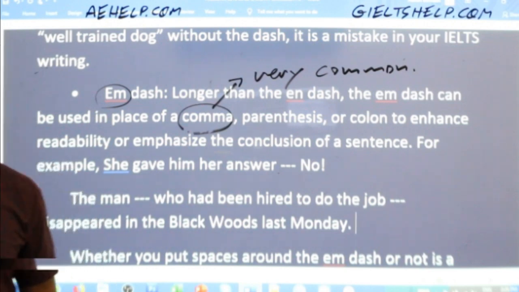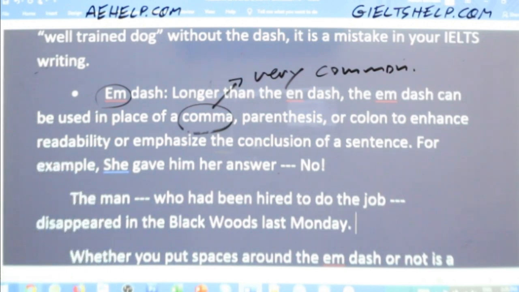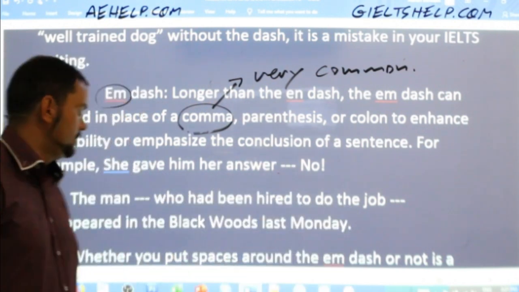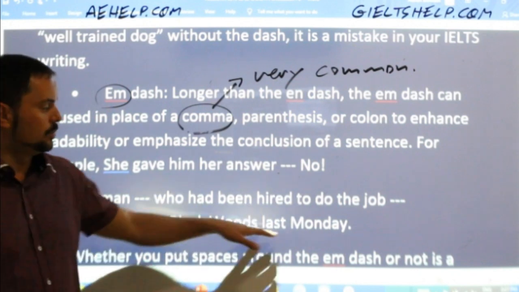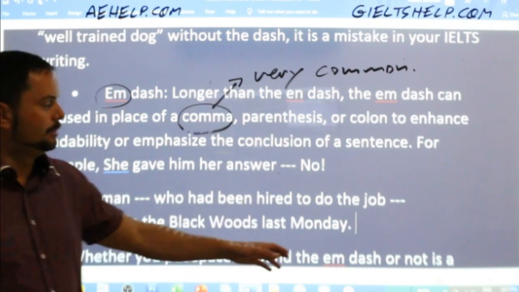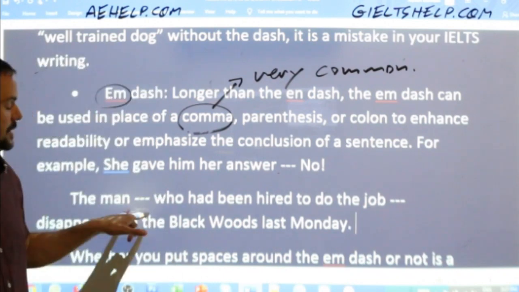Okay, so there's an example of using that em dash in place of commas. The man who had been hired to do the job disappeared in the Black Woods last Monday. So here I'm not using the comma, but I'm using the em dash.